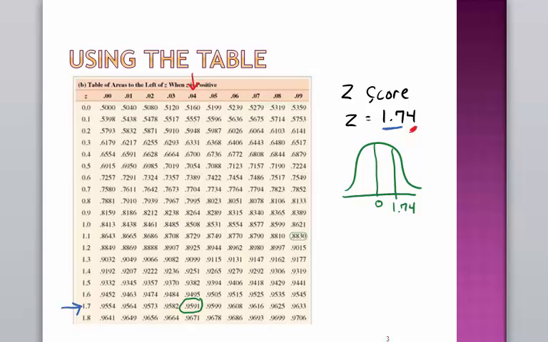And remember that the table gives us the area to the left of that number. And so we're talking about the area of everything to the left of 1.74 being 0.9591. Okay, so now we've seen how to use the table. Let's look at what the problems are actually going to look like.